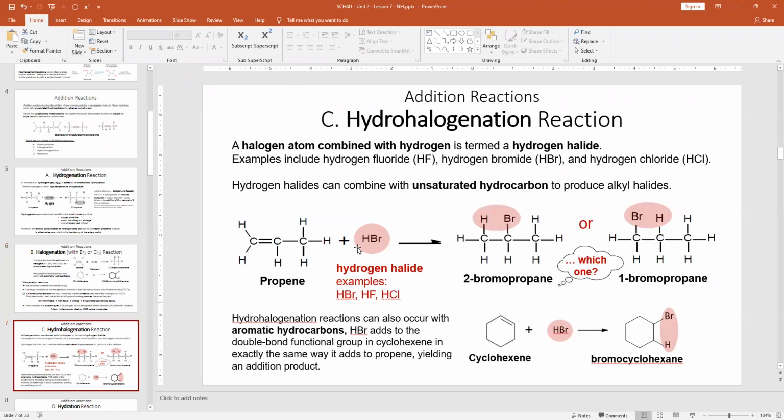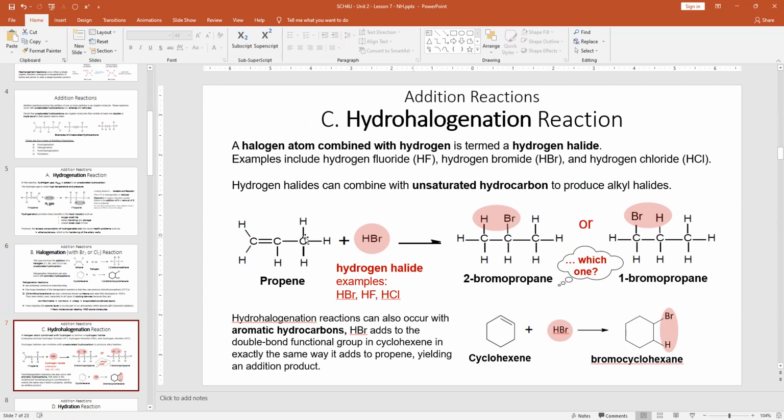In hydrohalogenation, you have a hydrogen halide being added, such as HBr, HF, HCl, hydrogen bromide, hydrogen fluoride, and hydrogen chloride, respectively. And these then produce alkyl halides, such as bromopropane.